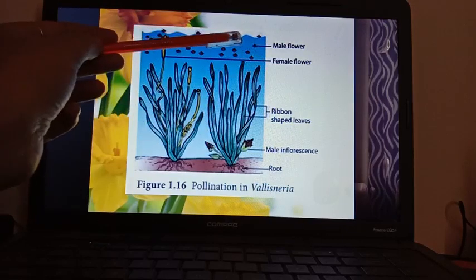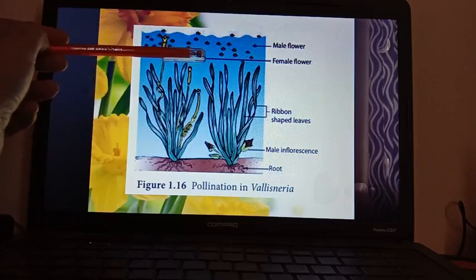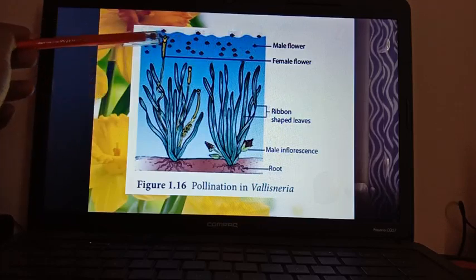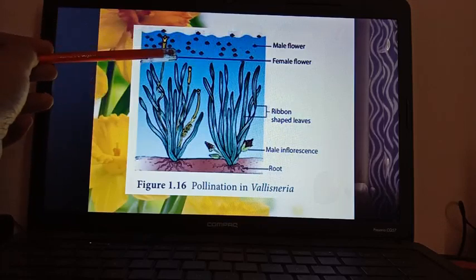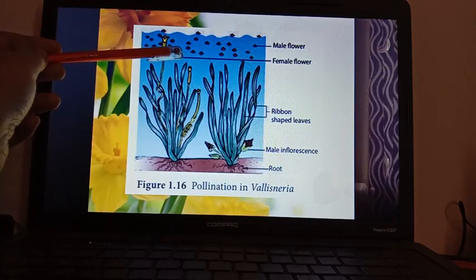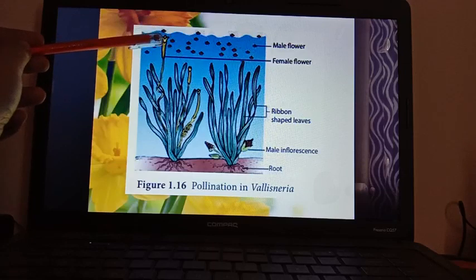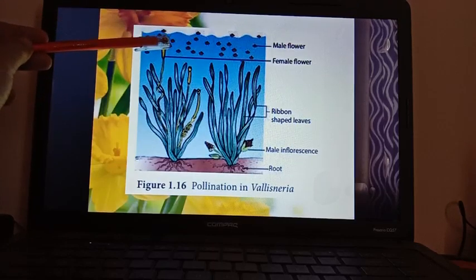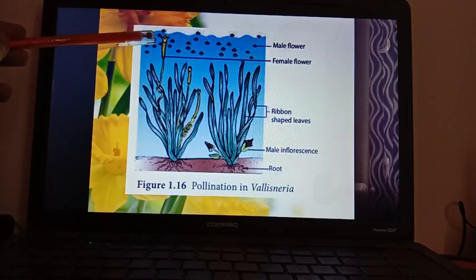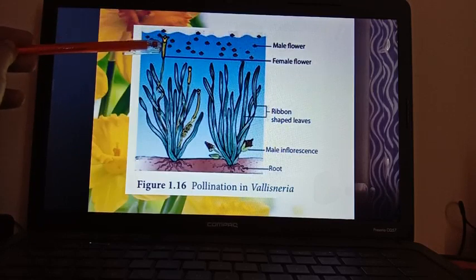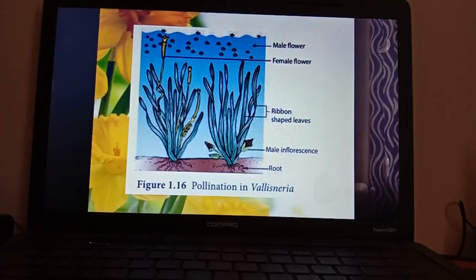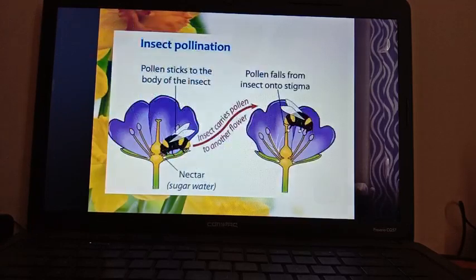When these flowers come in contact with the female flowers, the pollen grains are dropped onto the stigma of the female flowers, and thus pollination can take place. So this is the process of pollination in a hydrophilous flower. Mainly, the example here is Vallisneria.